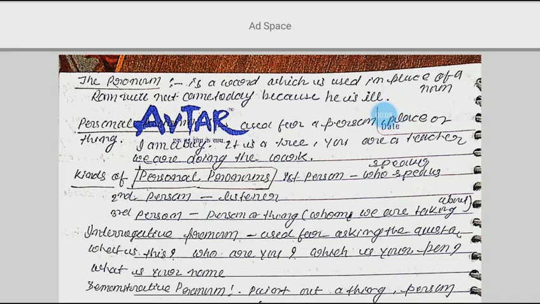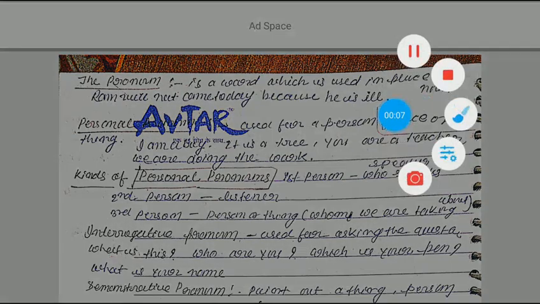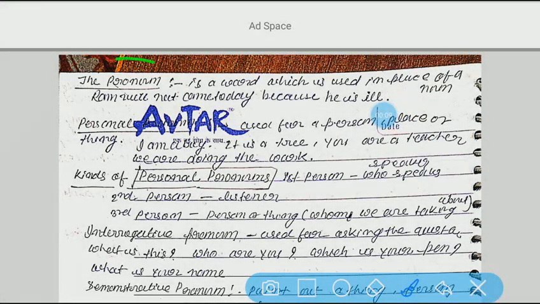Today we are going to start with a new topic, and the topic name is pronoun. So what do you understand by the pronoun? A pronoun is a word which is used in place of a noun. That is known as what? Pronoun. For example, you can see here: Ram will not come today because he is ill.